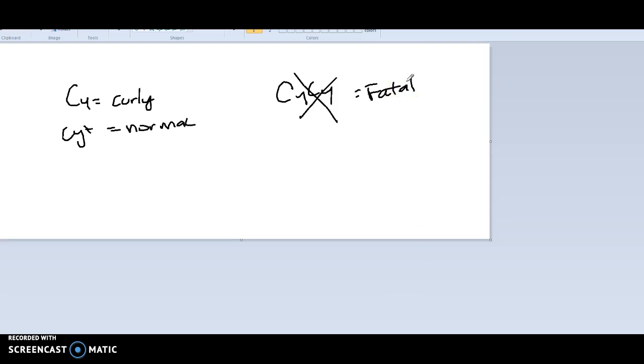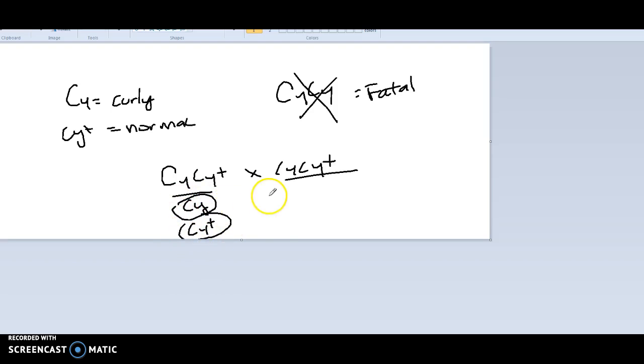So it wants to know that if we crossed flies heterozygous for the CY allele, what phenotypes would you find in the F1 generation? So we get our gametes the same way. Same for this person. Okay.